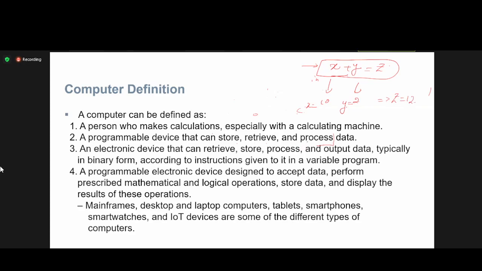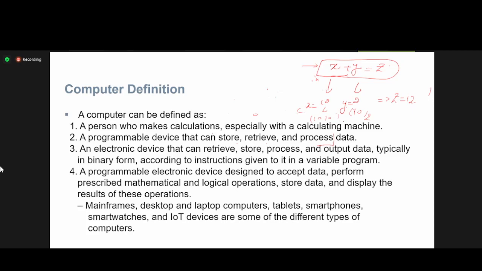Then the computer is going to give you Z equals 12, correct? That's a basic operation. But you give X and Y in a language you feel comfortable with, which is an English-like language, right? So the computer interprets this information in binary: this is what they want, binary 2 and binary 10.